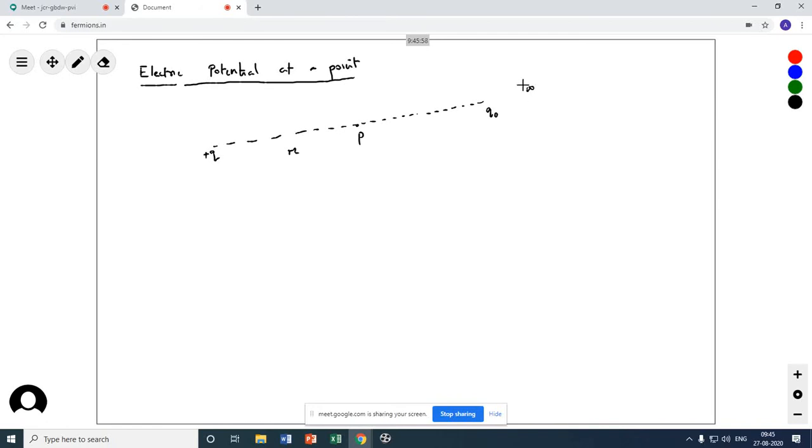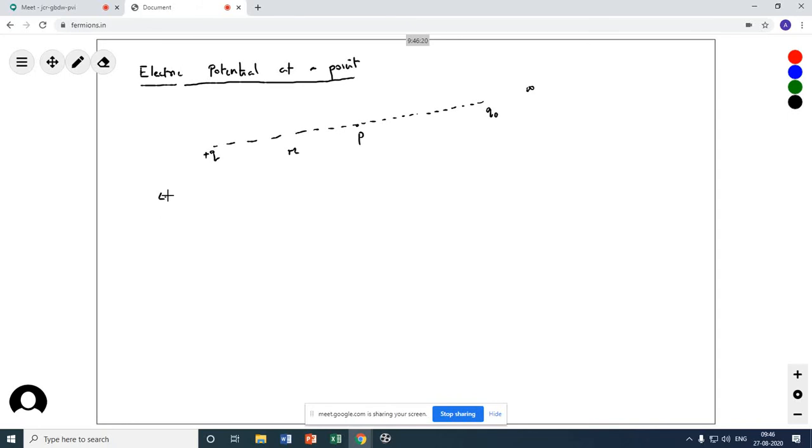The more close you come, what will you have to do? You will have to do some work, right? Correct? So this work done will get stored, and this work done per unit charge will be known as the electric potential at a particular point.